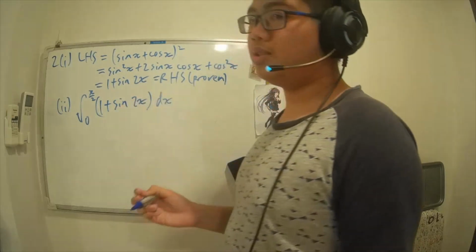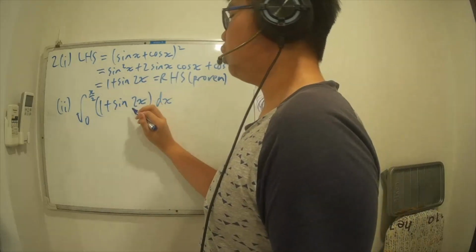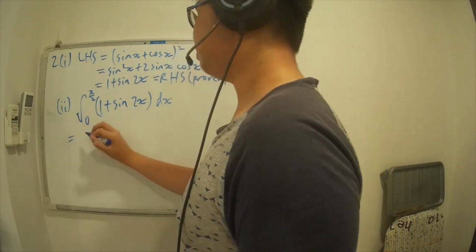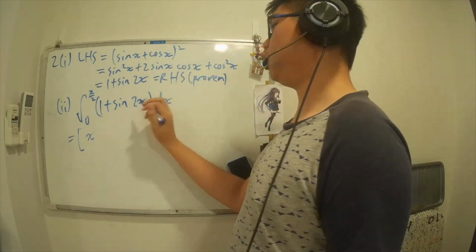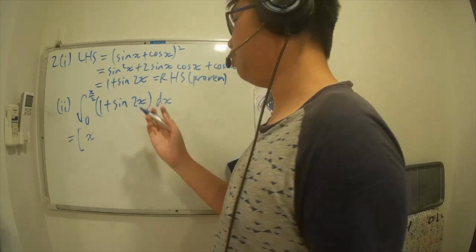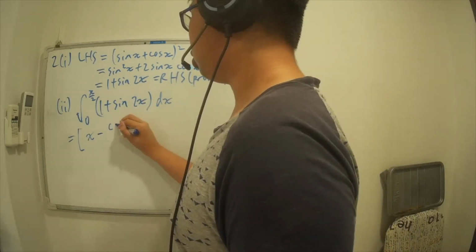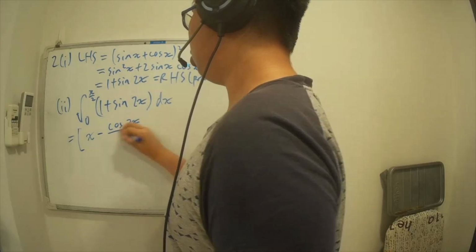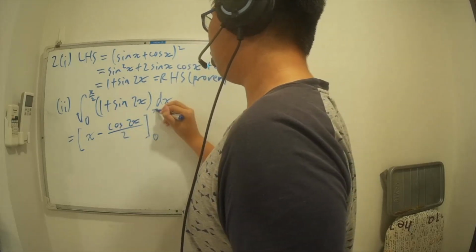Alright, so let's integrate this the normal way. This is just x, and then for sine 2x, when you differentiate cosine 2x you get a 2 in front, so the integral is divided by 2. So this will be x minus cosine 2x all over 2, and then we have the limits 0 to pi over 2.